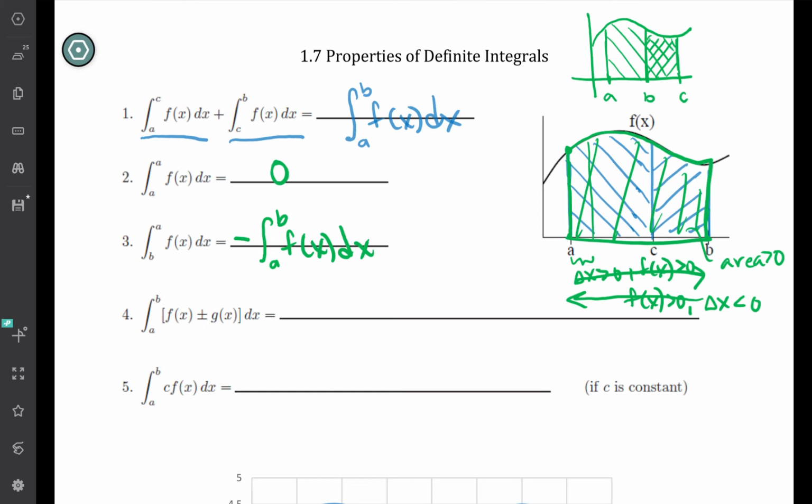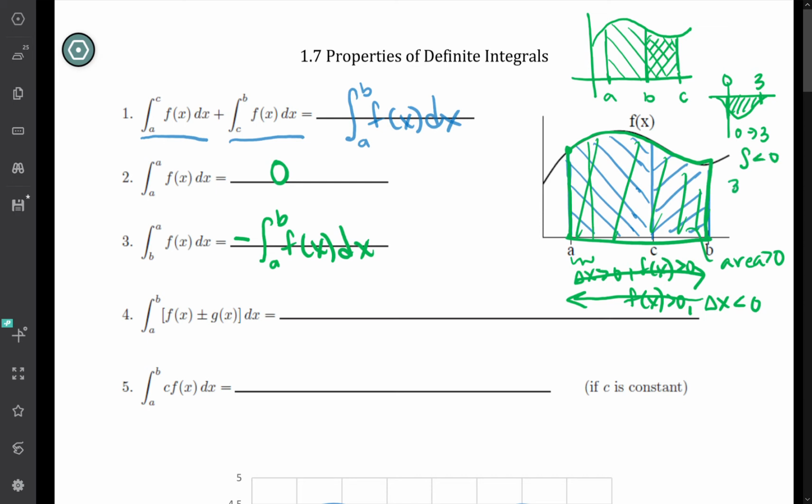Don't confuse this and always assume that means that if you go from 3 back to 2, you're going to get a negative answer. The exception would, of course, be what if your function is already negative? So let's say this is from 0 to 3. If we go from 0 to 3, the integral is going to be negative.